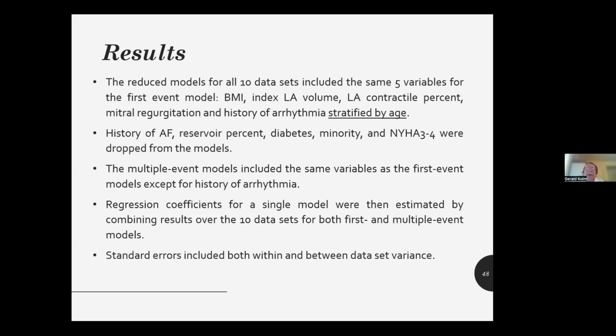And age, of course, is significant, but because it's non-proportional by age, we're going to stratify by age. And so these other variables were dropped from the model. The multiple event model included the same as the first event, except for the history of arrhythmia. And then, as I mentioned before, we estimate the regression coefficients for a single model by combining results over the 10 data sets.